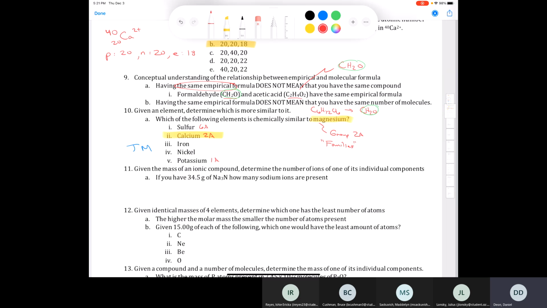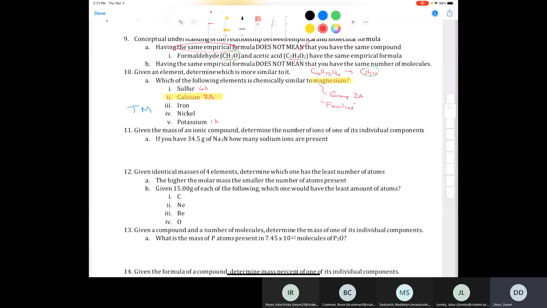Given the mass of an ionic compound, determine the number of ions of one of its individual components. If you have 34.5 grams of sodium nitride, how many sodium ions are present, right? Sodium ions, what's a sodium ion? It's Na+. Well, if we're starting out with 34.5 grams of Na3N, so that's sodium nitride, we're going to need the molar mass to do this problem, aren't we?